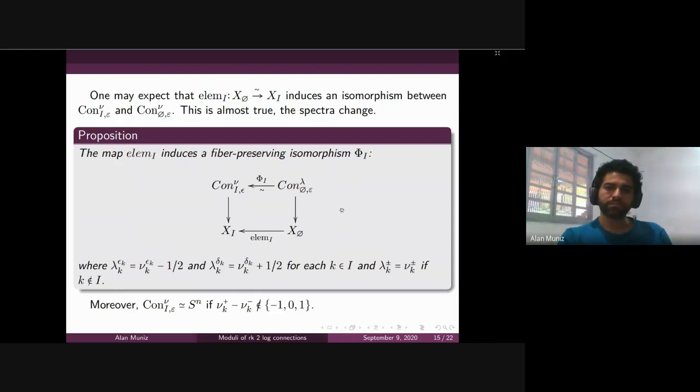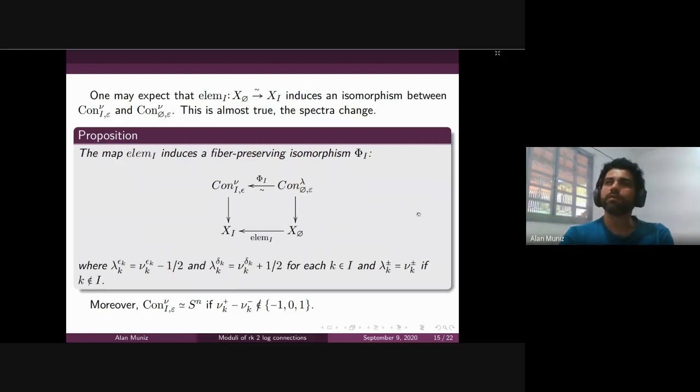And the thing here is that the quasi-parabolic bundles agree when you take the pullback of the connection. The epsilon directions correspond to the directions that are defined by this map downstairs, and everything here commutes.